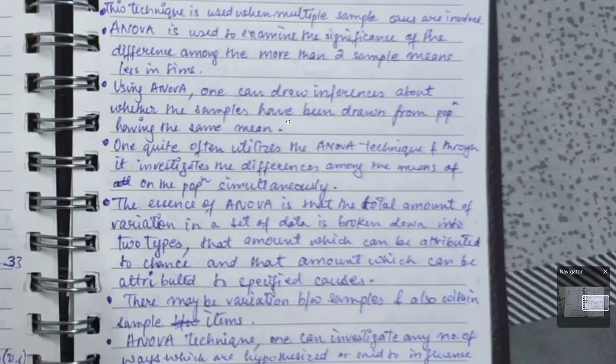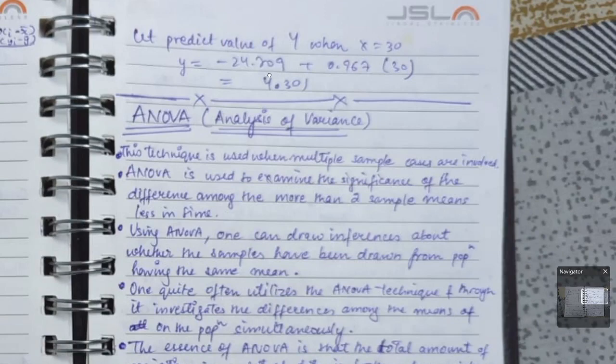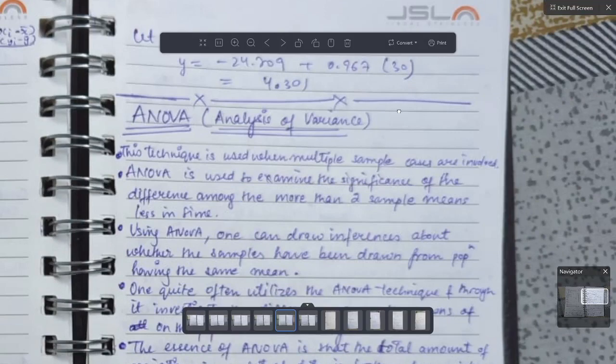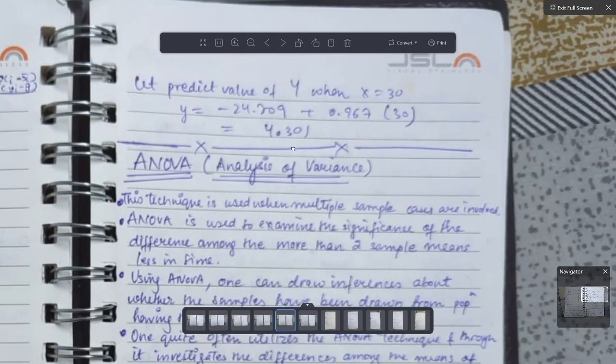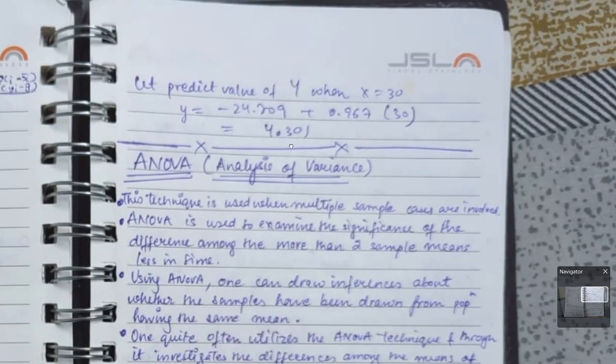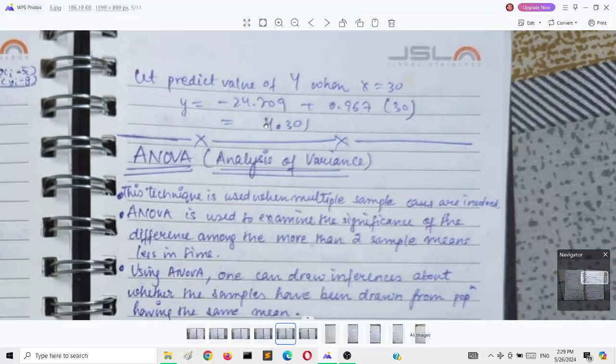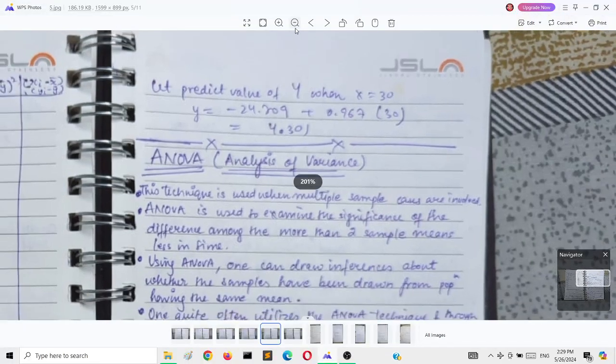So a cap is minus 24.309, and b cap is plus 0.967, multiplied by 30, and you will get 4.301. So this is your point on the line when the value of x is 30. This is your whole regression problem.